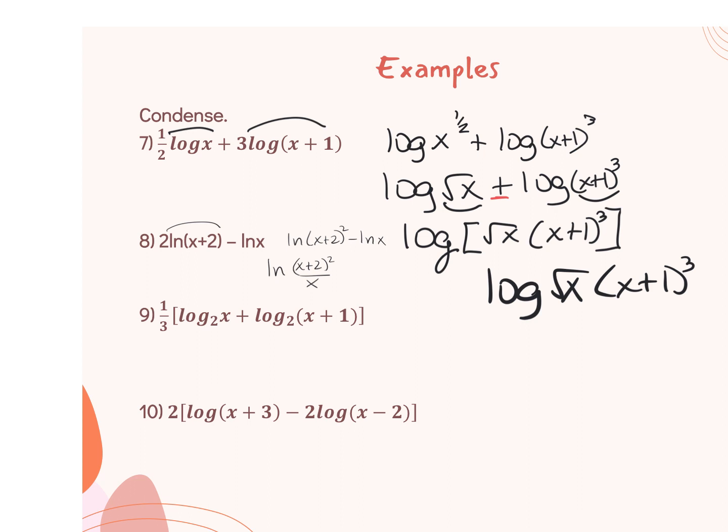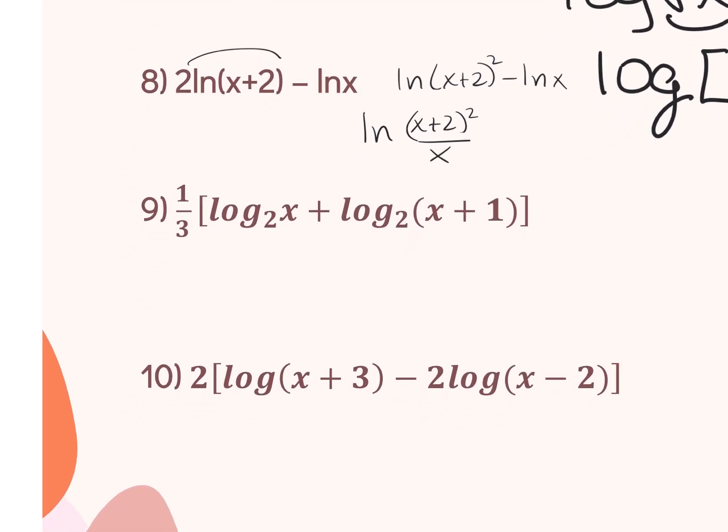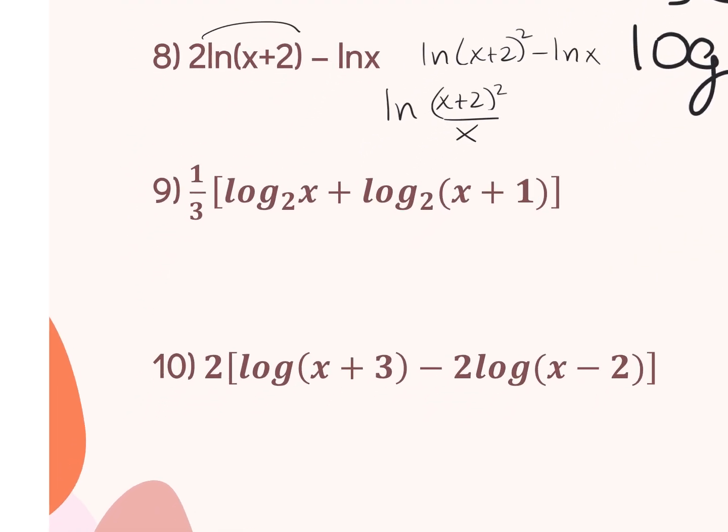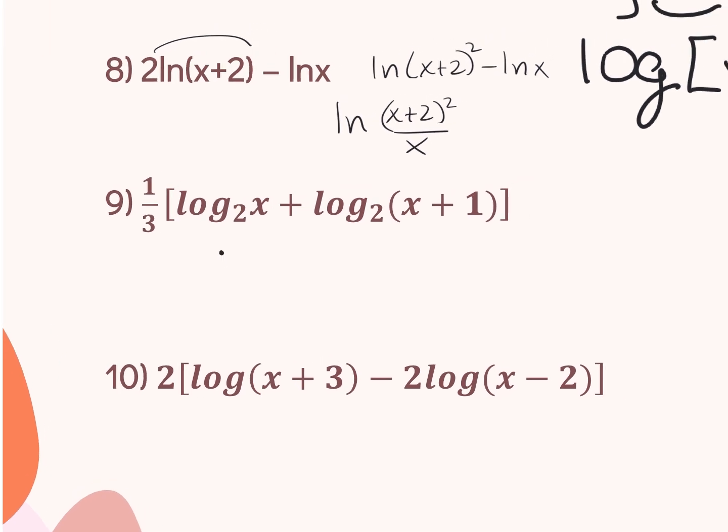All right, let's try number 9. Now, this 1/3 power, what's it going to go on? 1/3, all of it. All of it, good. Okay, so what we can do is get log base 2, and then the plus sign means multiply. So you could take the x and then times the x plus 1.